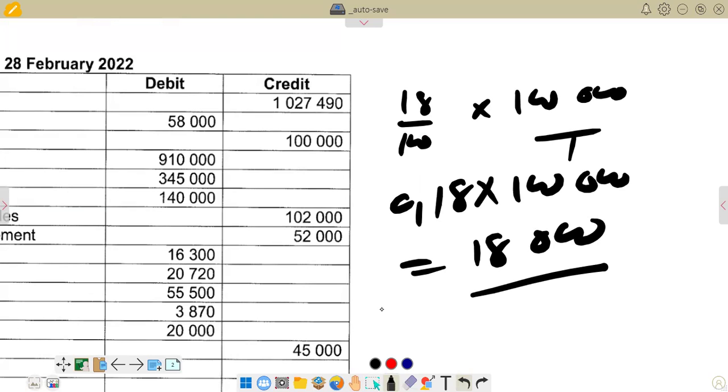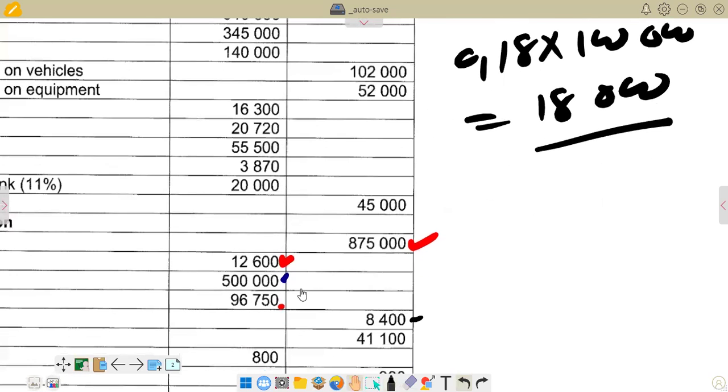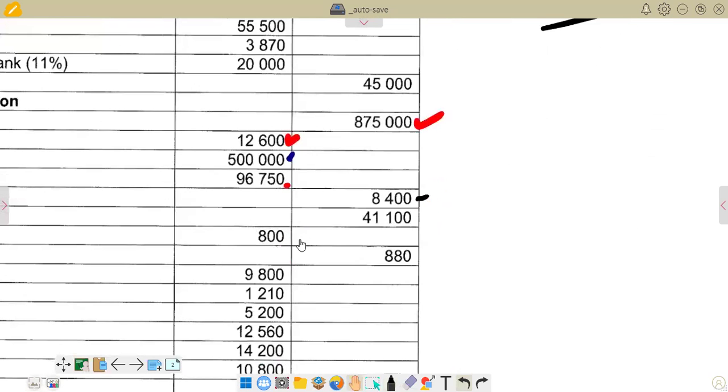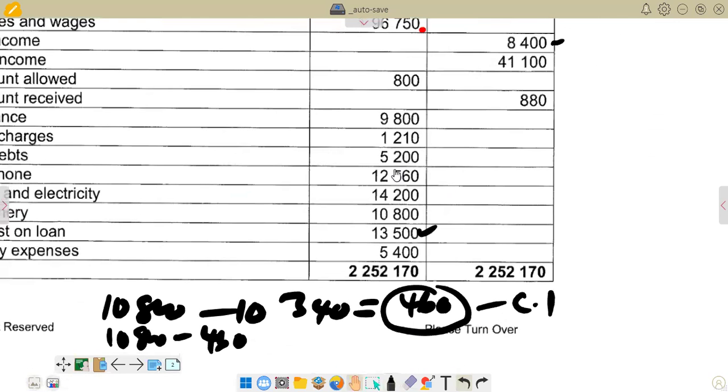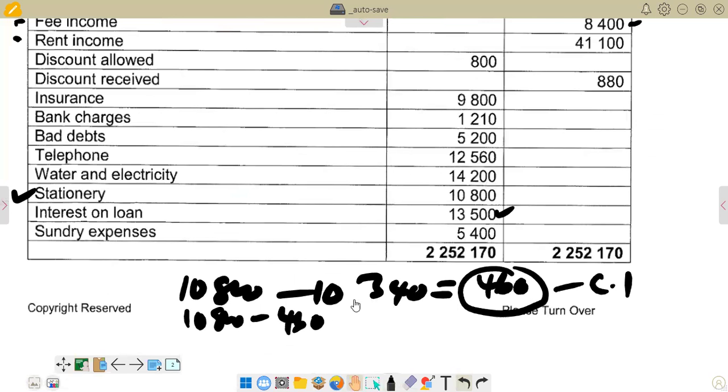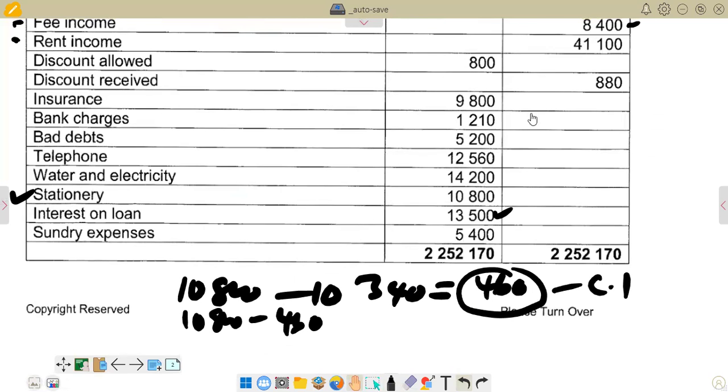But if you go there, you would see that what was paid was not 18,000. We paid less. So it means there is an accrual, something that was not paid that belongs to this period, which is an owing figure. So interest on loan that we are given here is 13,500 that was paid. So it means the remainder was not paid. It's an accrual.